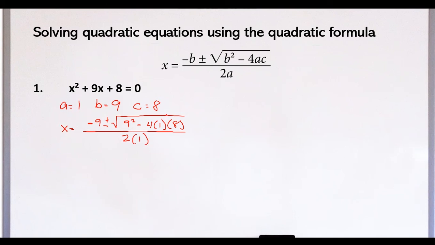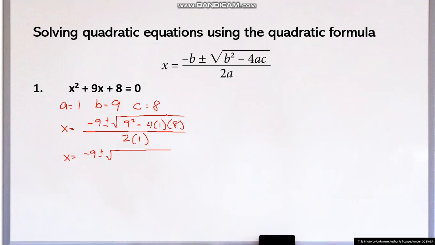To solve for this one, start first with the radicand, the numbers inside the radical. Negative 9 plus or minus, so copy those first, and then we solve the numbers inside here. 9 squared is 81 minus 4 times 1 times 8 will give you 32, all over, and then solve for the denominator. 2 times 1 will give you 2, so I'll write 2 here on the denominator.